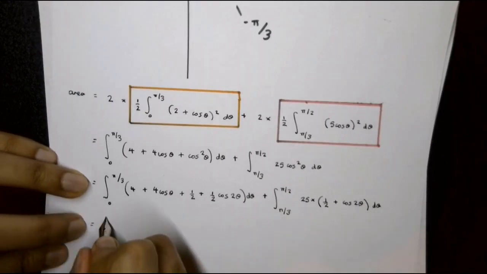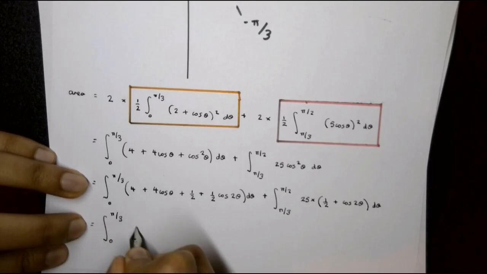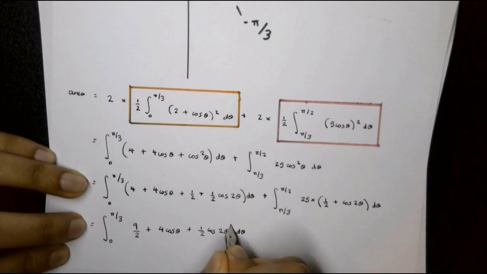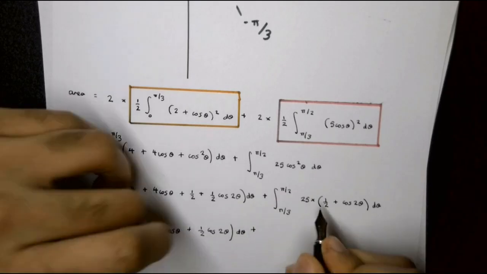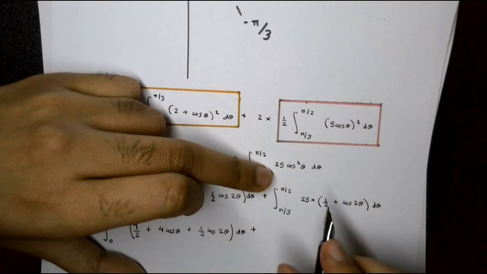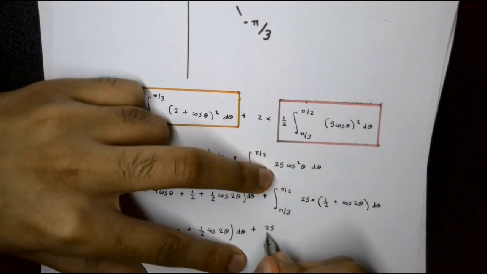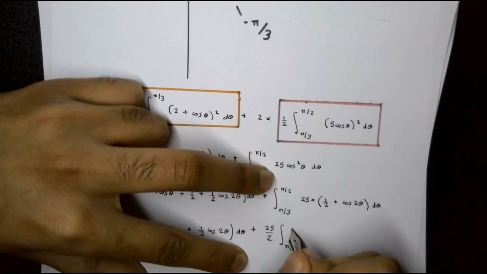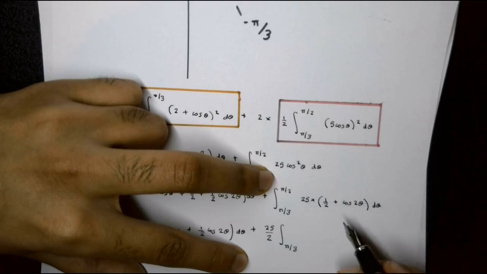So if we tidy this up even further, we've got the integral from 0 to pi over 3 of, well, here we've got 9 over 2 plus 4 cos theta plus 1/2 cos 2 theta d theta. And then we've also got 25 over 2, lots of the integral from pi over 3 to pi over 2 of 1 plus cos 2 theta d theta.